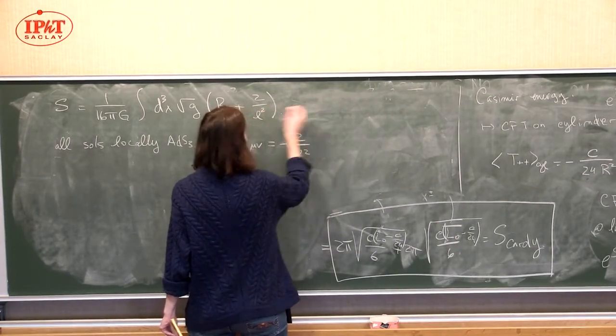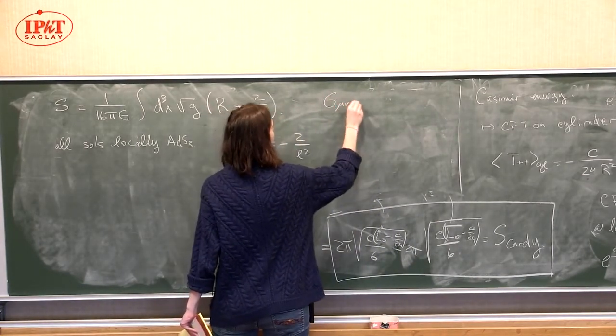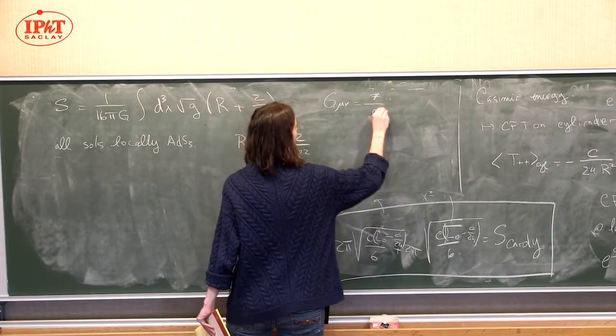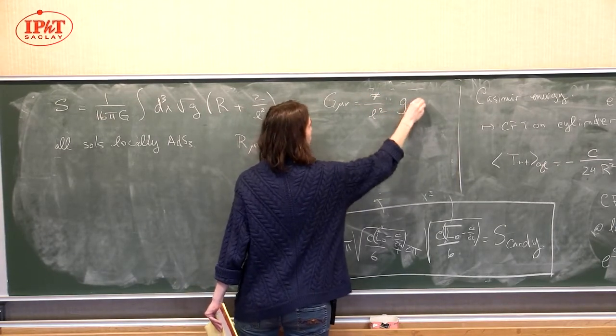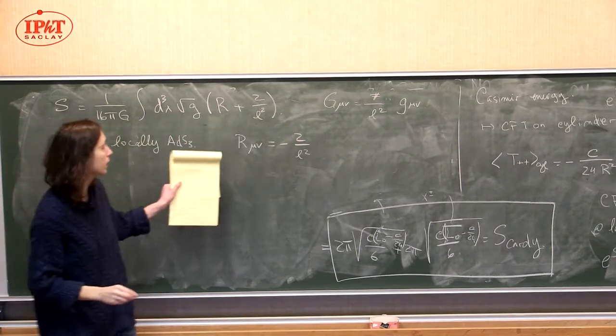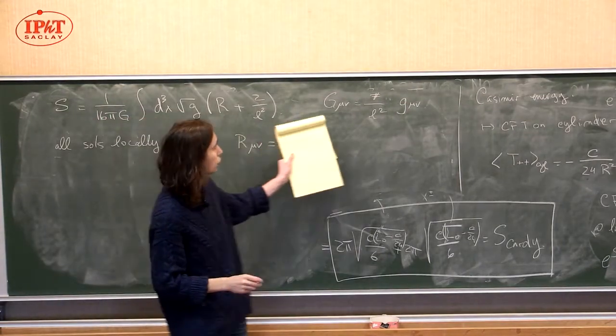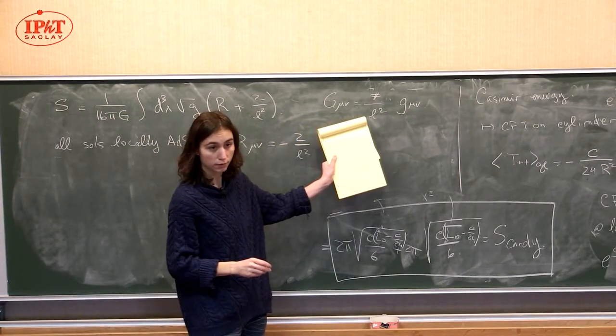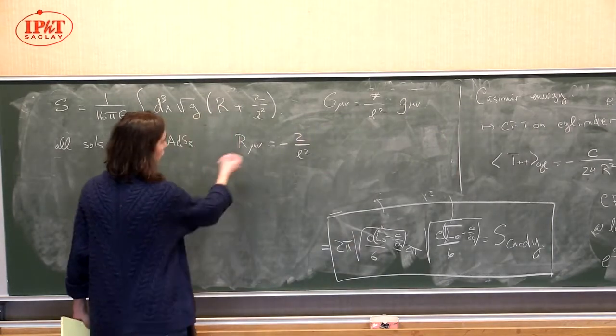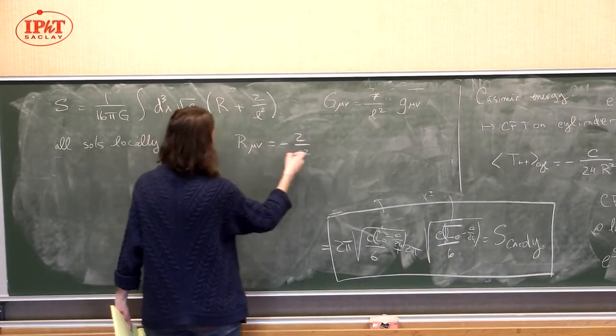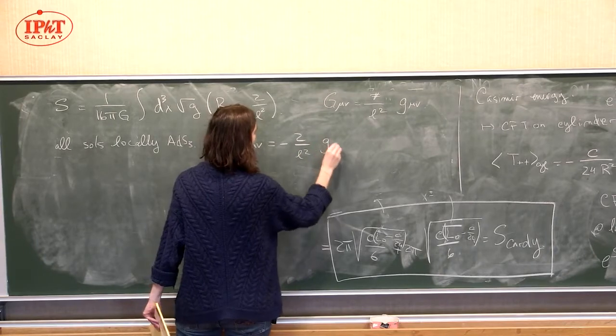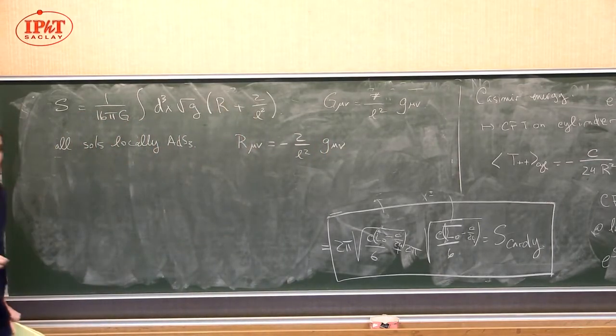The Einstein equation looks something like G mu nu equals some number over L squared times g mu nu. This shows that the Ricci scalar is constant. Then you can manipulate this to write just R mu nu equals minus 2 over L squared g mu nu, which I think is a correct equation.